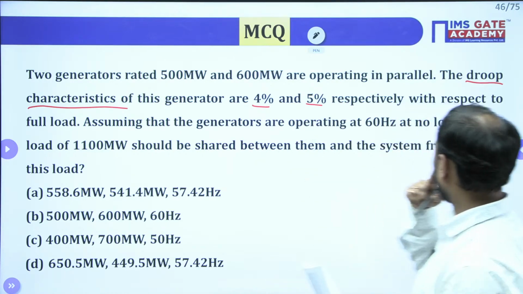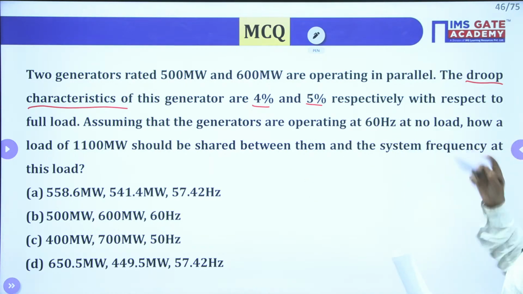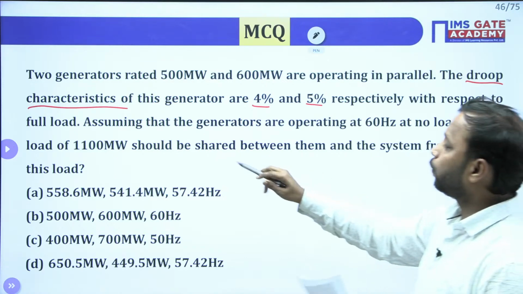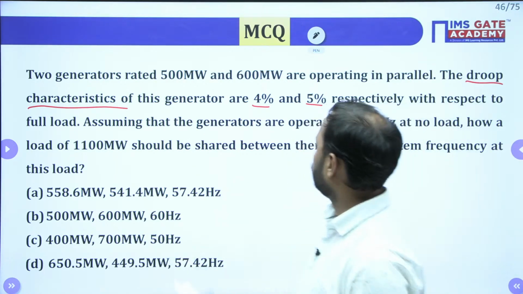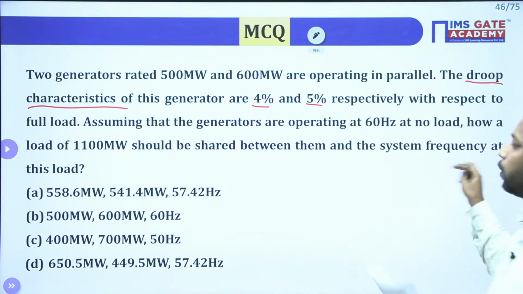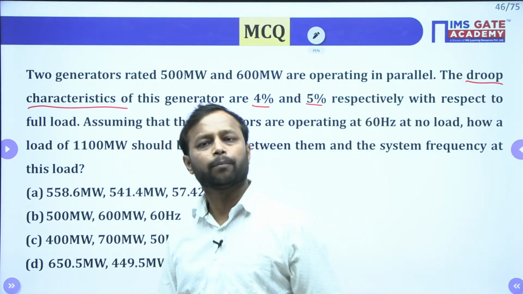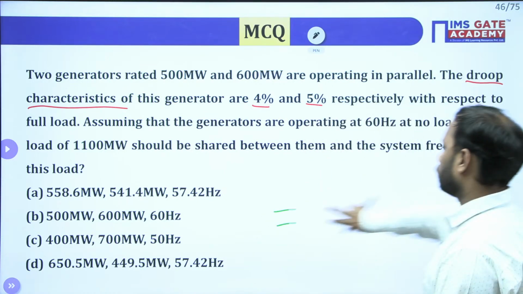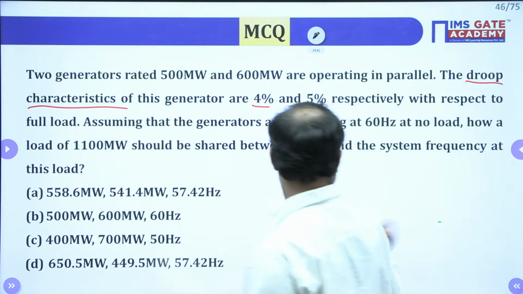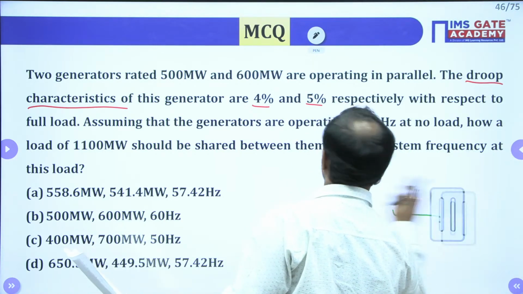Assuming that the generators are operating at 60 Hz at no load, how should a load of 1100 megawatt be shared between them, and what is the system frequency at this load? So ABCD options are given to us. We need to find the frequency and the load of the respective generators.